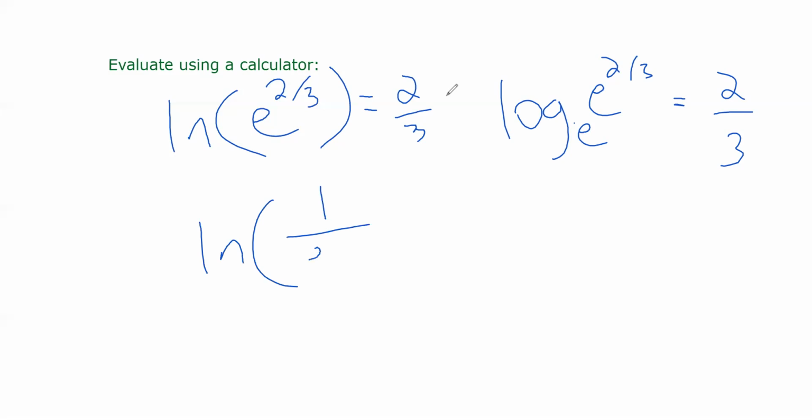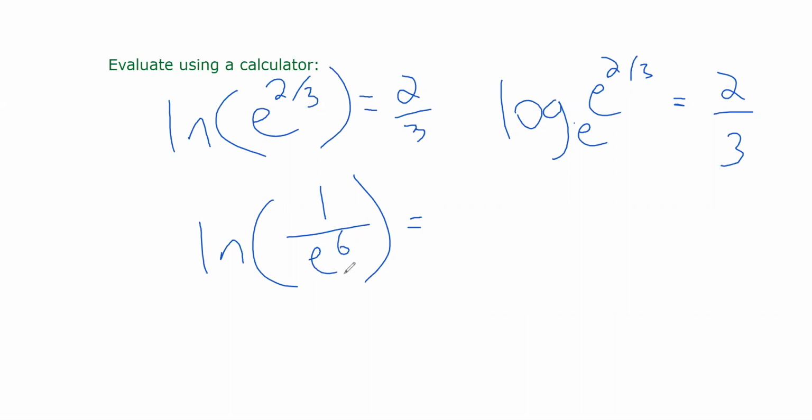The natural log of 1 over e to the 6th power. Well, this is still a logarithm with a base of e. Notice I have 1 over e to the 6th.